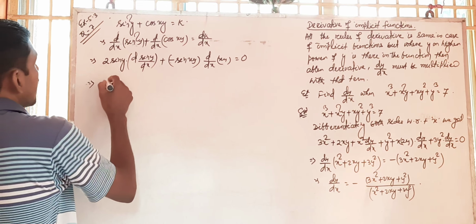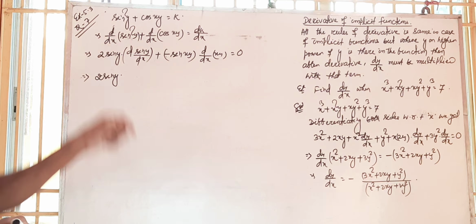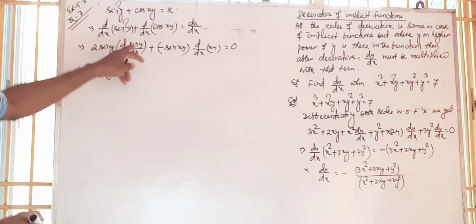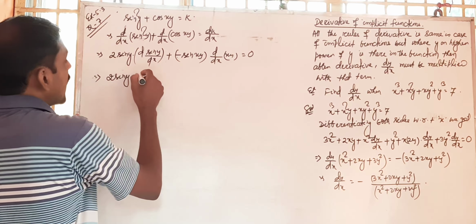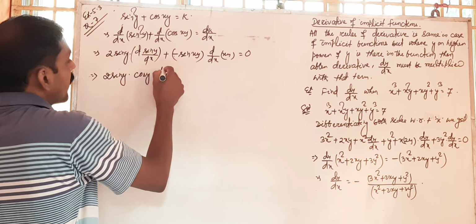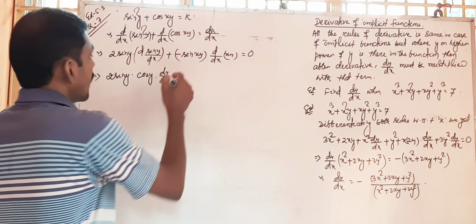This implies it is 2 sin y. Now the derivative of sin y again is not directly in terms of x. The derivative of sin is cos, so you write cos y into, since y is there, dy by dx. This is the process.